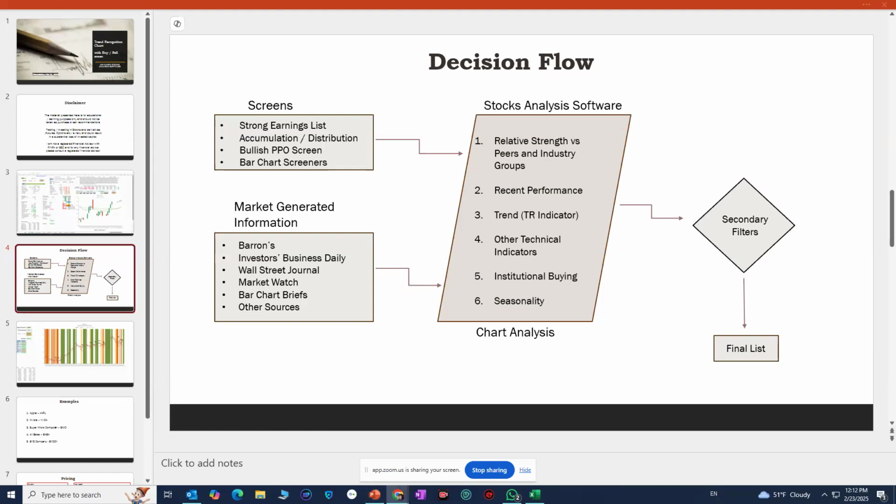That's how we analyze it, and then we put that into our secondary filter and come up with the final list.